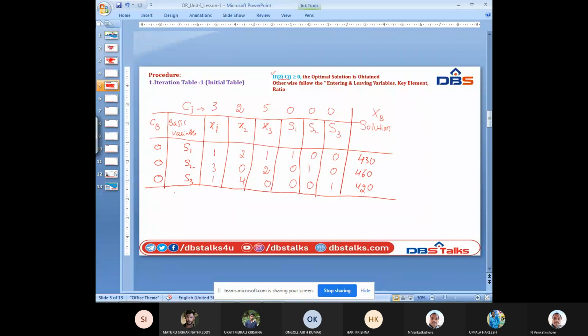Then the formula for Zj equals CB into Xj. CB means 0, and Xj means the corresponding values.